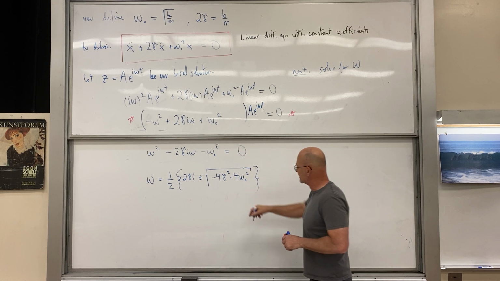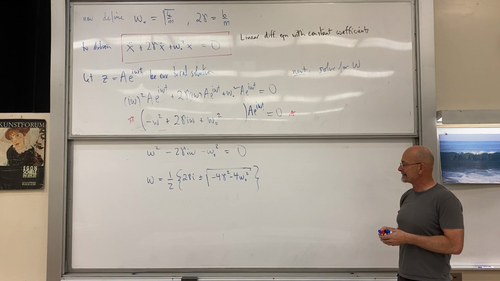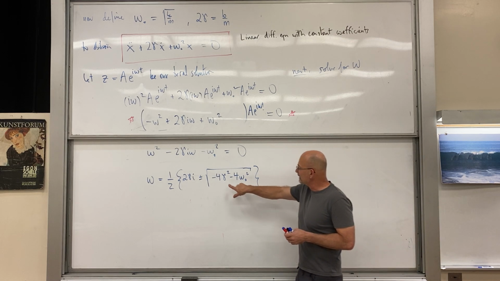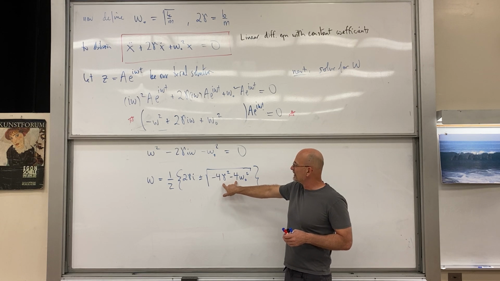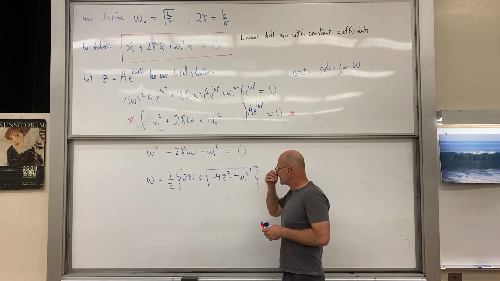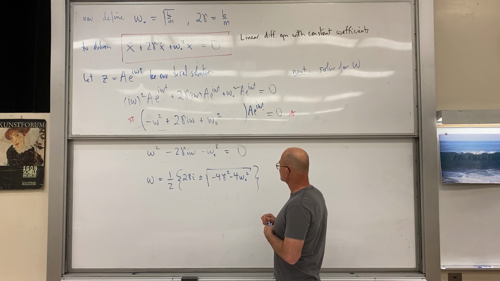Close parentheses. Okay. Now we're looking at clearly a square root of a negative number here. So let's see what happens.